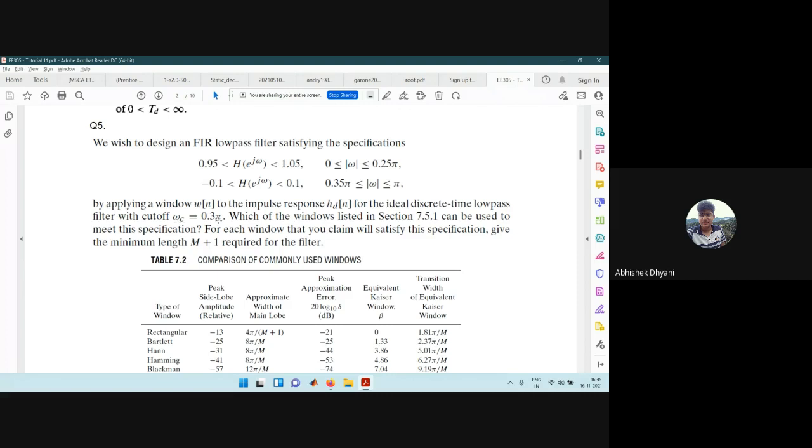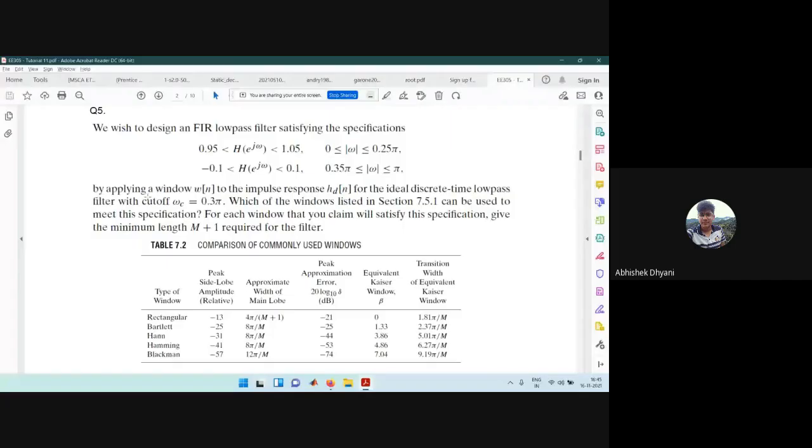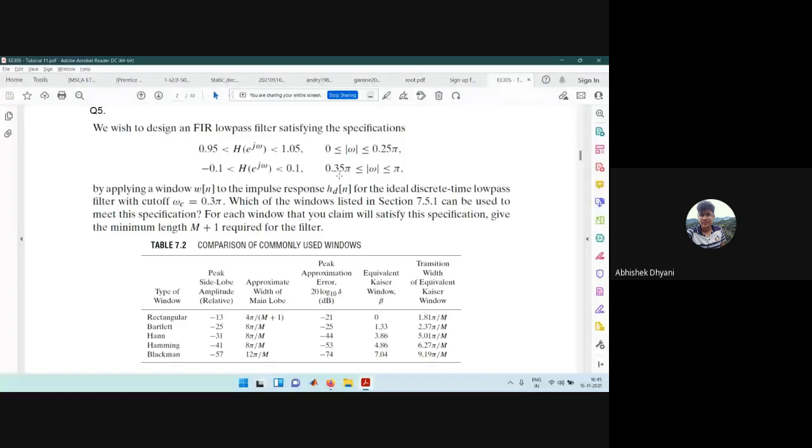And we have been given a number of windows, and we have been asked which of these windows will meet the specification, which means which of these windows is suitable for achieving these specifications in the discrete time. For each window that you claim will satisfy this specification, give the minimum length M plus 1 required for the filter. So we also have to give the length of the filter, right? So let's look at this one.